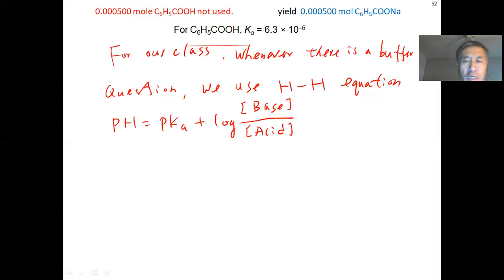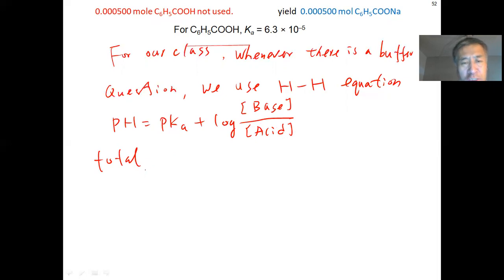All right. So to calculate the molar concentration, we need to know the total volume. But I will show you for a buffer problem, you can use mole ratio instead of molar concentration ratio, because the volume will cancel out.